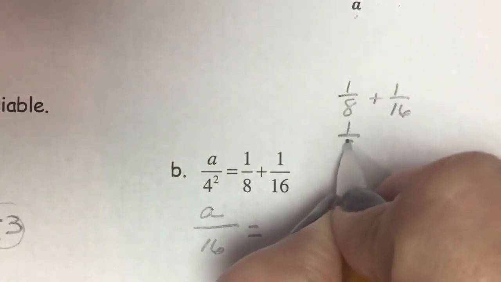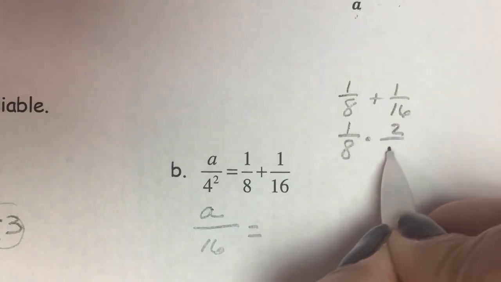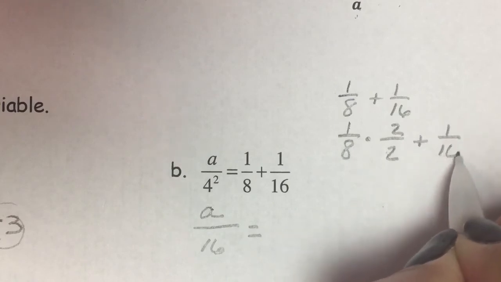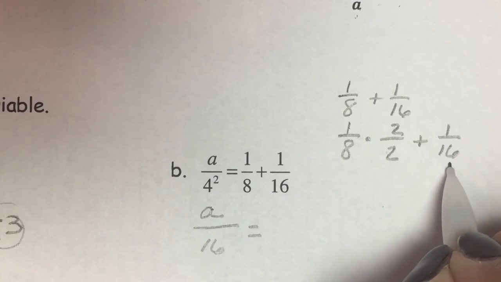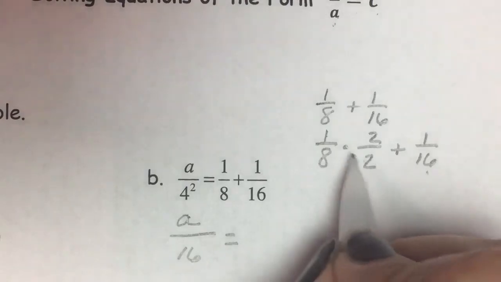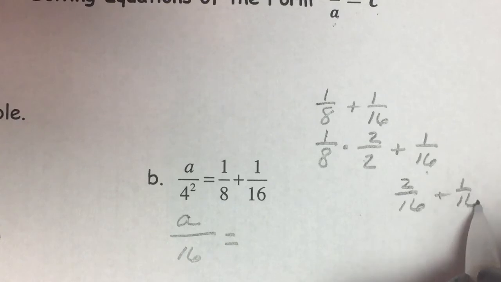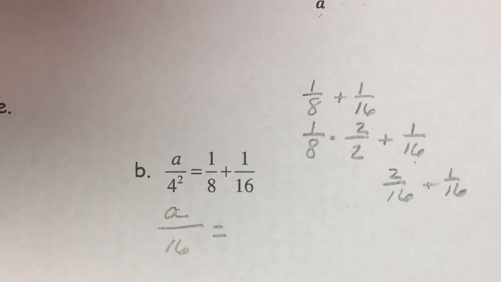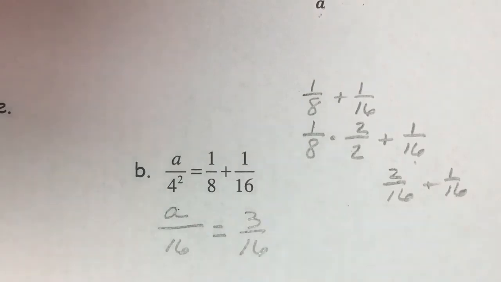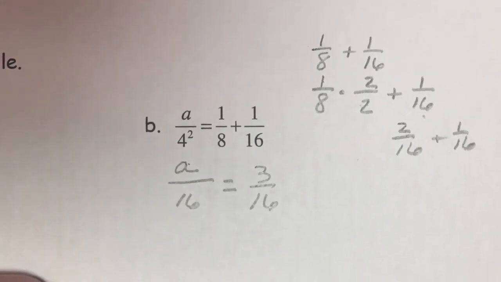So if I rewrite the first fraction, I have to multiply top and bottom by 2 to make the denominator a 16. The second fraction is already over 16, so I don't need to do any multiplication. That gives me 2/16 plus 1/16. When I add, I'm going to get 3/16. So 1/8 plus 1/16 became 3/16.